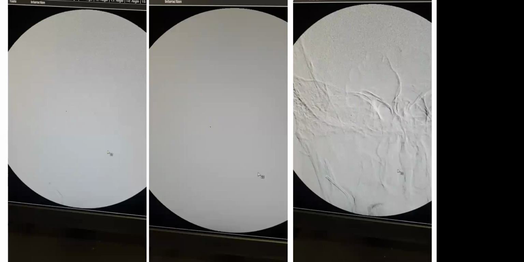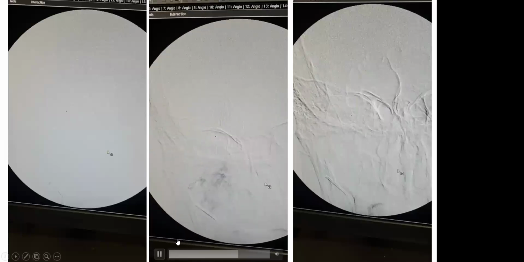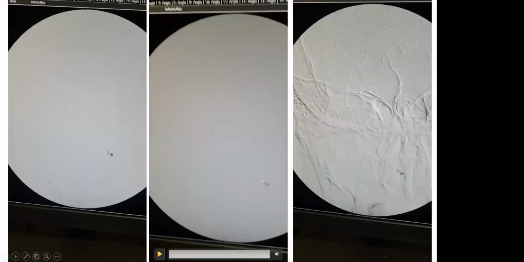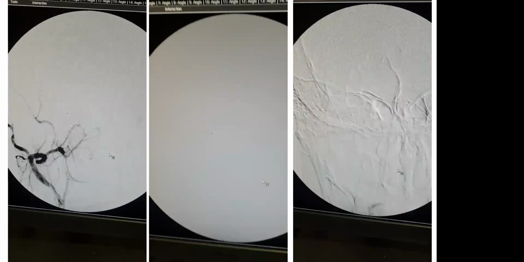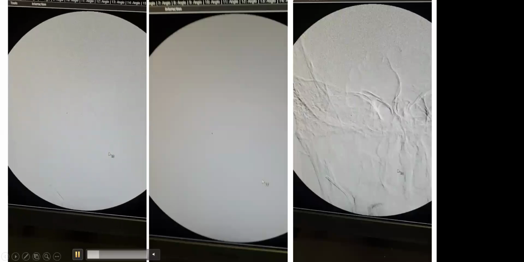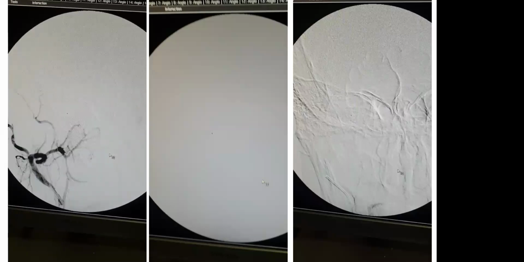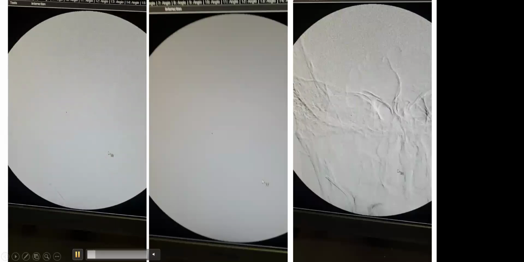And I don't know if you can play those videos. If you go to the first slide, the first image. So that is the first image, and you can see a catheter right here. And this is the internal maxillary artery supplying the tumor, and you can see the tumor blush in this region.